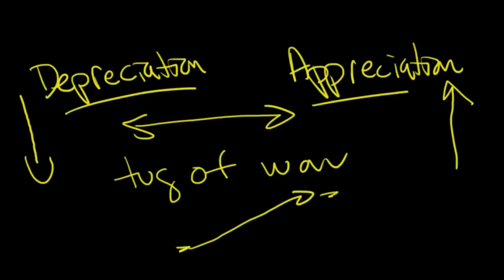So these are kind of the warring factions between value, depreciation, and appreciation, which gets to an important discussion of their cousin, and that cousin is obsolescence. So obsolescence, that's a tough one. Let's spell that right for you.